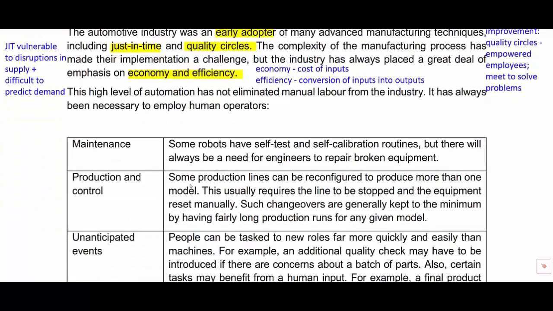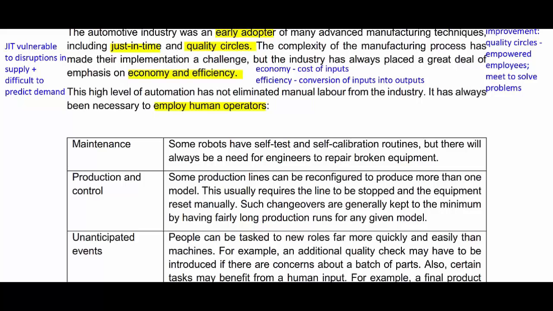Then in the next section, we're told about employees. It's funny, we haven't really spoken about employees very much so far, but they still have a place in the 21st century. And what we see is that there's still a need for them to interact often with the robotics. Often they're looking after the maintenance of robots and things like that.